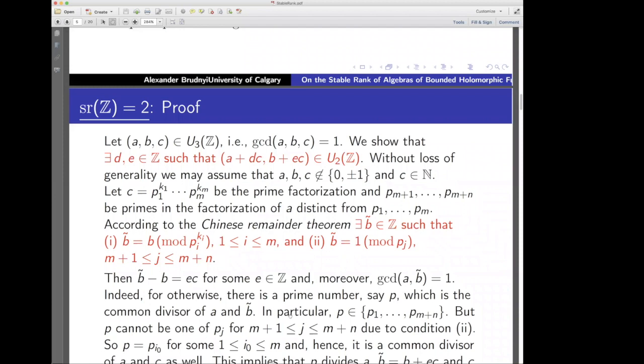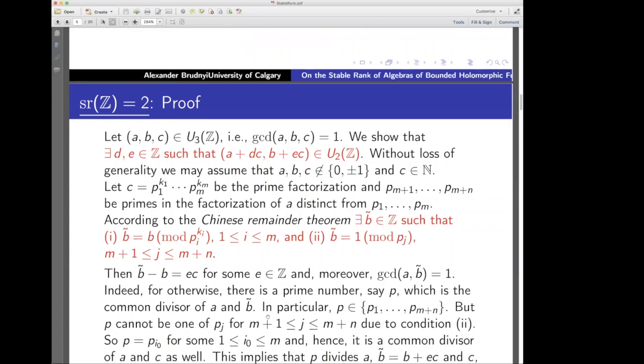So in particular, p will be inside the set p_1 and so on, p_{m+n}, because a actually can have only one of this and one of that in the prime factorization. But actually, p cannot be one of p_j from m+1 to m+n because of the second part. And therefore, p should be p_{i_0} for some i_0 between 1 and m.